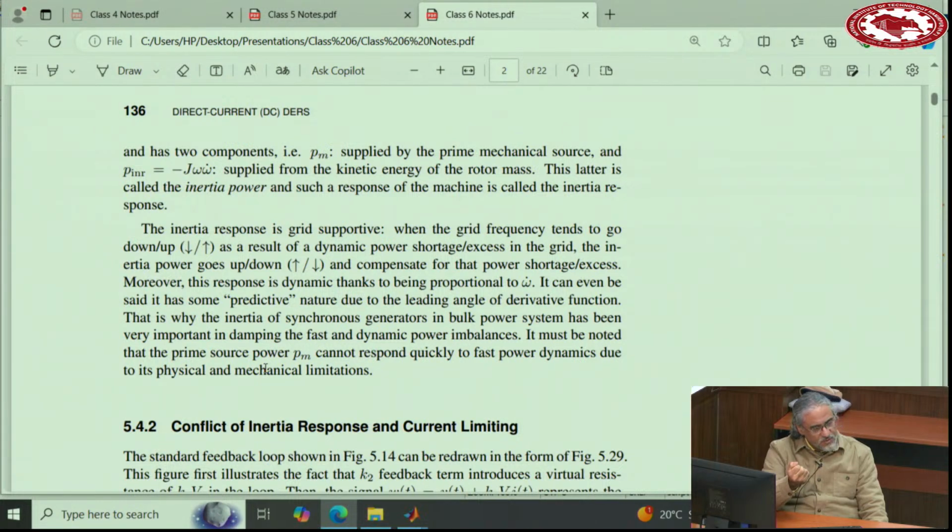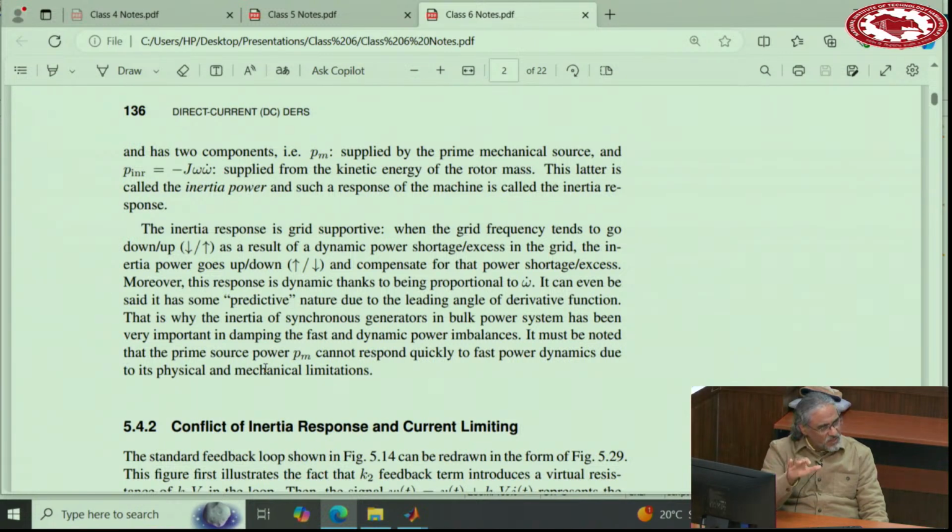When the frequency tends to go down, the speed of the machine also tends to go down because they are equal. And then it will release kinetic energy to the grid. That's good. So as the grid needed more energy, now the machine supplied more energy without any control. This is the inherent nature of a synchronous machine. You see, this is not control, this is physics.